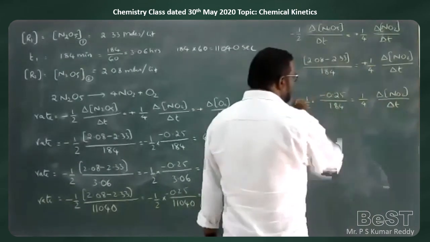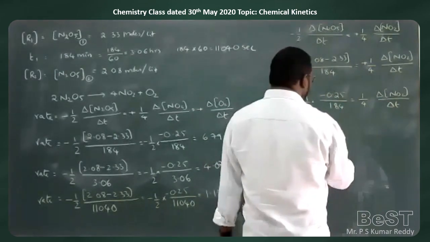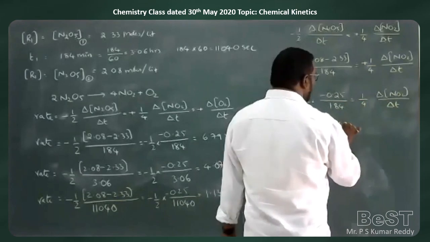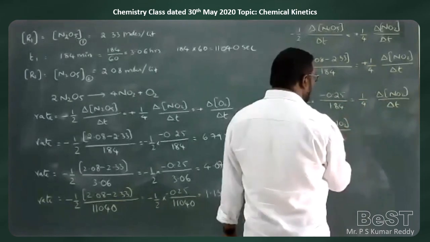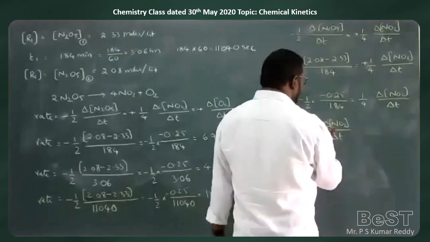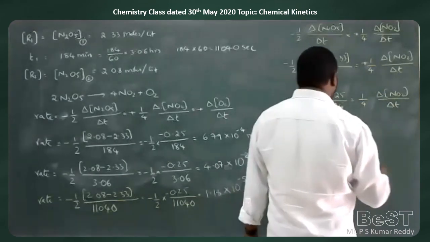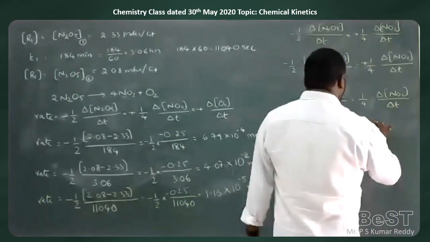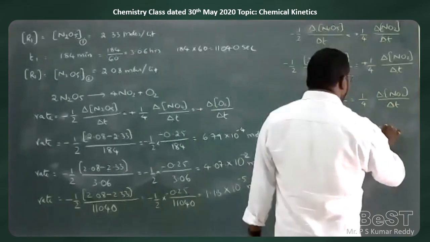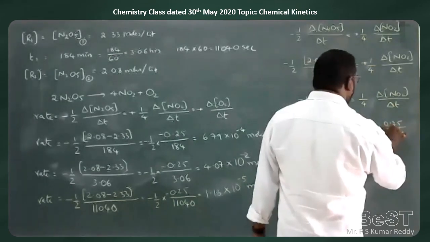So now bringing this one here, delta NO2 by delta t, that is the rate of reaction with reference to NO2, equals 4 by 2 into 0.25 by 184.